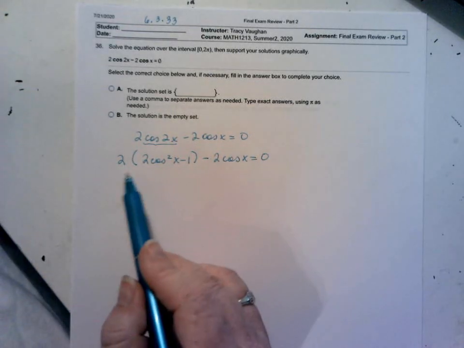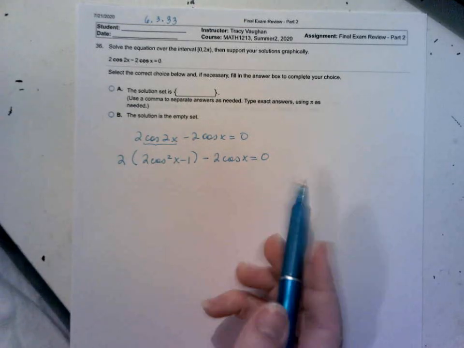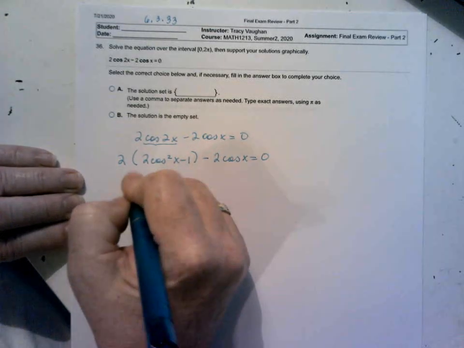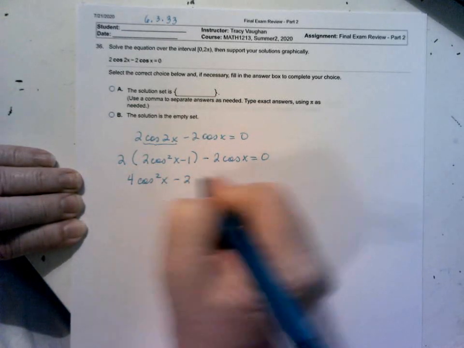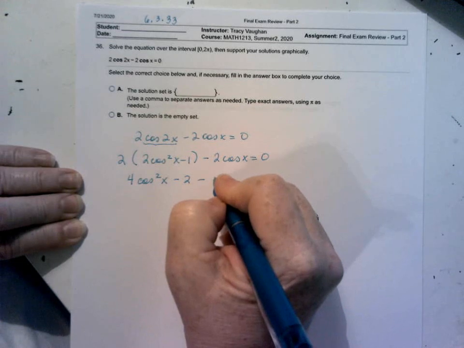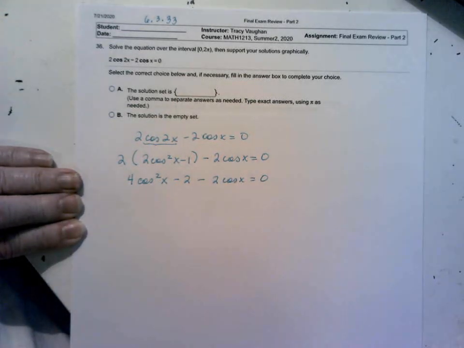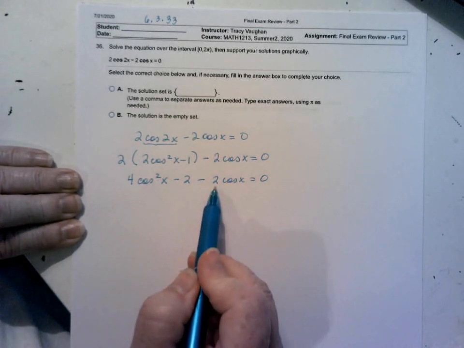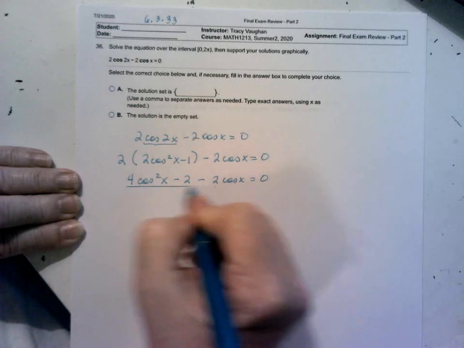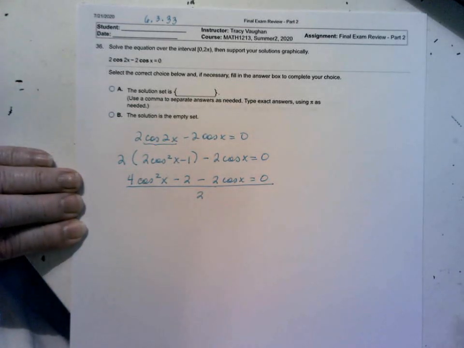So now we have the entire equation in terms of just cosines of x. So this would be 4 cosine squared x minus 2 minus 2 cosine x is equal to 0. One thing I noticed is that we have a 2 in common to each term, so we could, if we wanted to, divide everything by 2 just to make the numbers a little bit smaller.